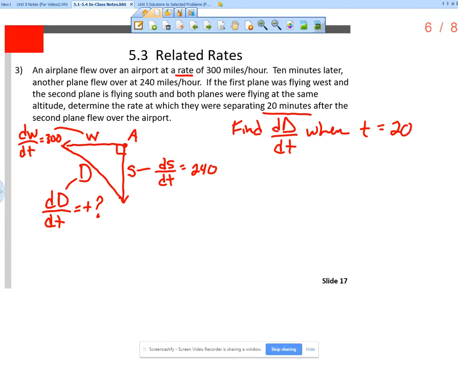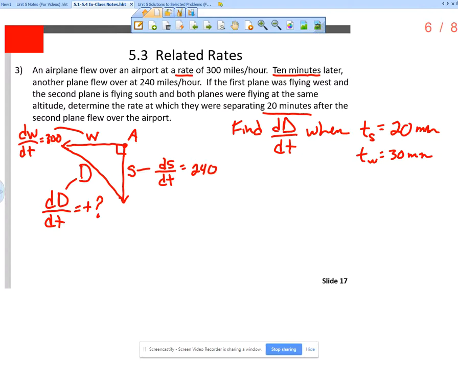Well, that's not entirely true, because it's 20 minutes after the second plane flew over the airport. So I could say t sub S for south, the second plane. t sub S is 20 minutes. But t sub W, how long has the plane flying west been flying? It says 10 minutes later, another plane flew over, so t sub W is 30 minutes.